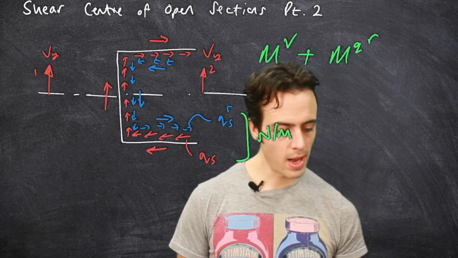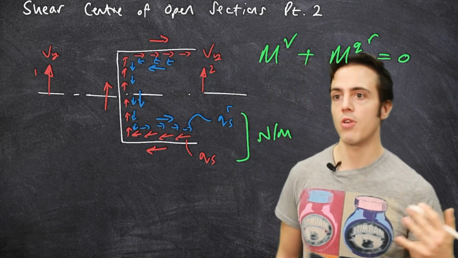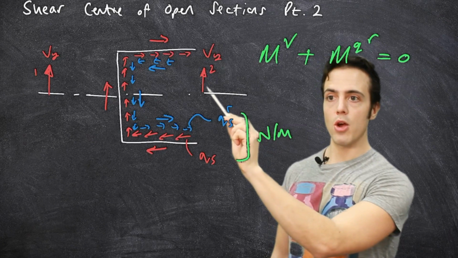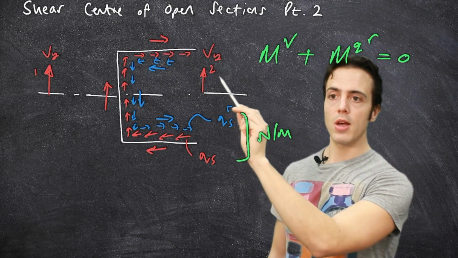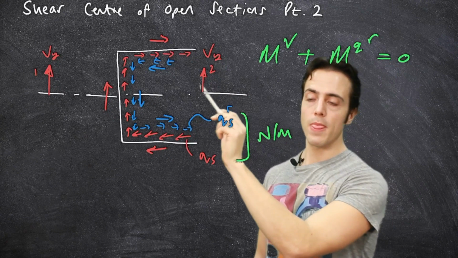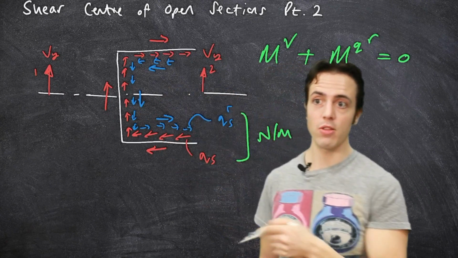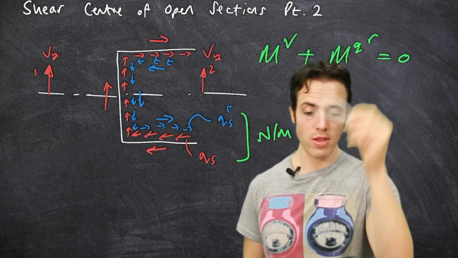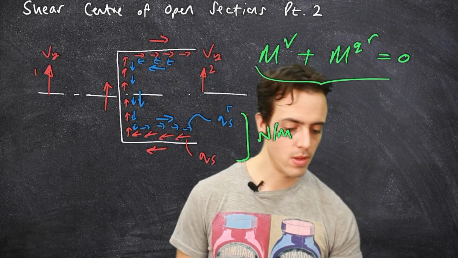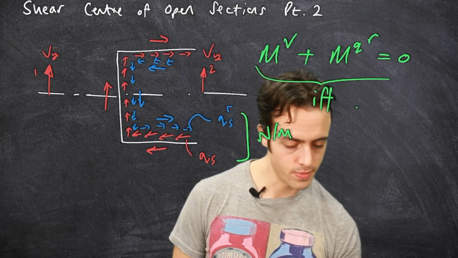Now, if these equal 0, then we have no torsion in the entire structure. We've got no net moment as a consequence of the applied load and the reactions because of them. That's this situation here, and this only happens if we load at the shear center.